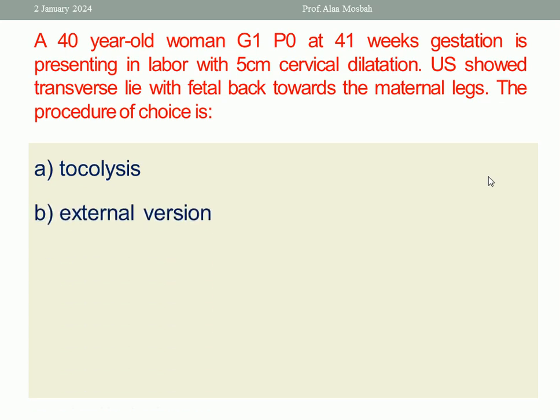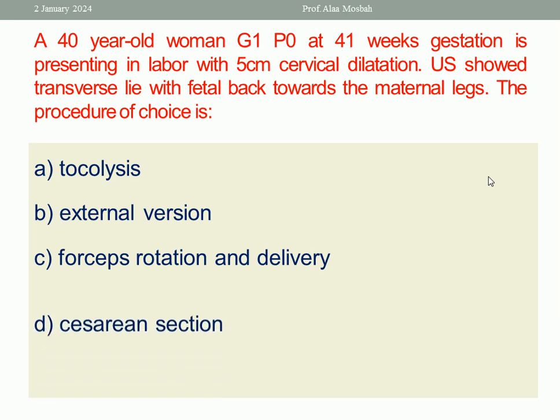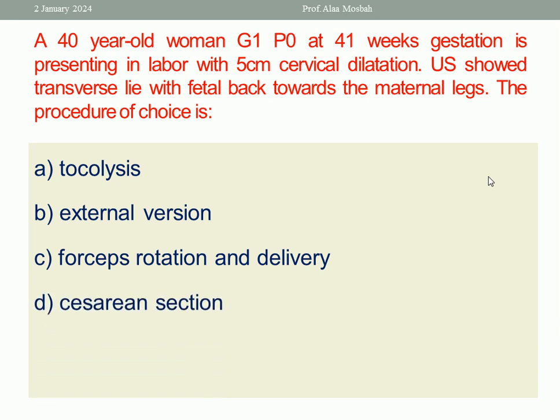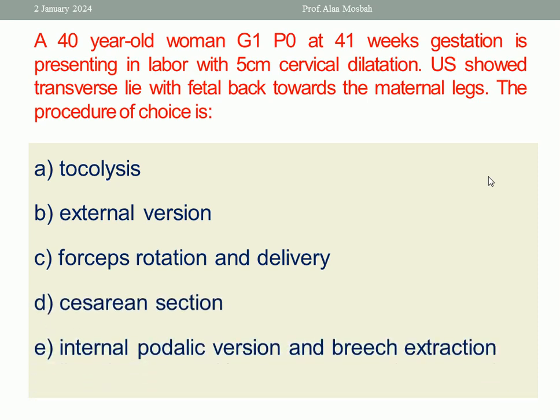B. External version. C. Forceps rotation and delivery. D. Cesarean section. E. Internal podalic version and breech extraction. Please choose the one best response.